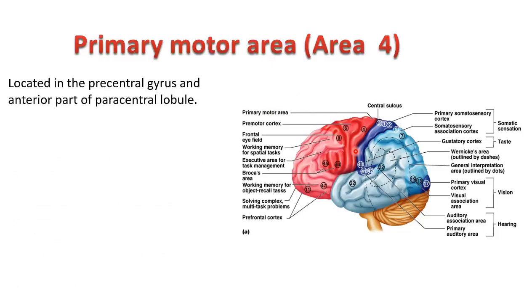The precentral gyrus also extends to the paracentral lobule on the medial surface. Area 4 is mainly concerned with the corticospinal and corticonuclear fibers, which arise from here. They form the motor descending tracts, the pyramidal tracts.